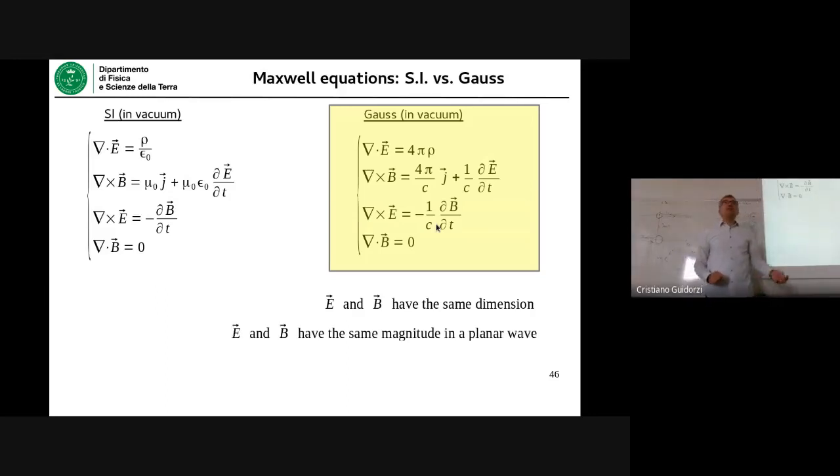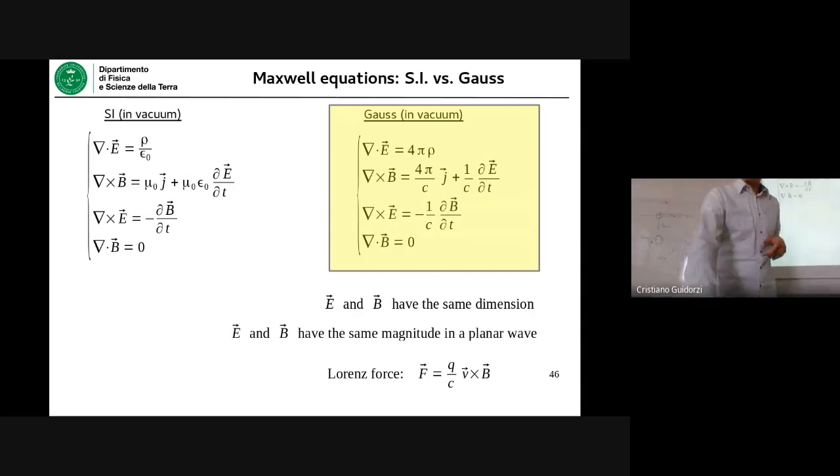And we will see another advantage is that when you have a planar wave, so electric and magnetic field oscillating, the two vectors, being homogeneous, also have the same magnitude. They are equal in magnitude. Beautiful. And also remember that the Lorentz force has q over c. Instead, in the international system, it's just q times vector B. So remember that.